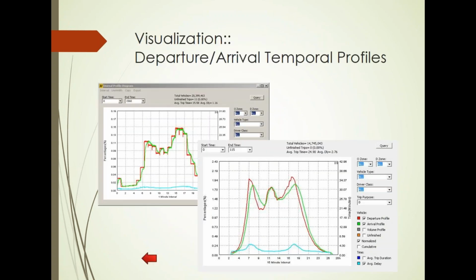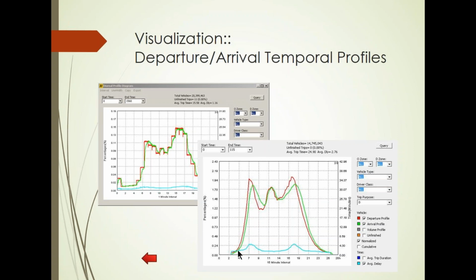All right, finally, departure time and arrival temporal profiles. This is kind of a system view. It gives you a sense of delay, and how vehicles depart and arrive. In this example, the departure profile is shown by the red line.